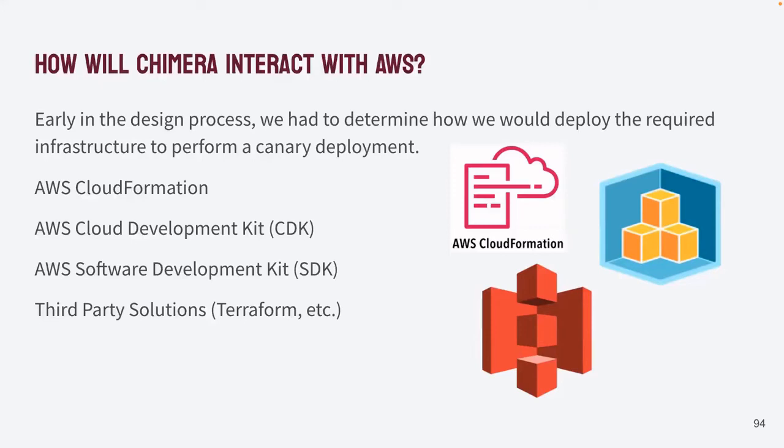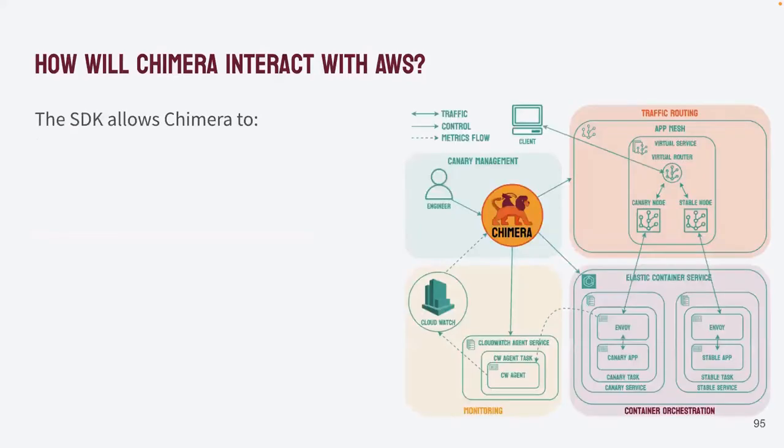The CDK can then be used to synthesize and deploy CloudFormation templates. The Software Development Kit, on the other hand, is a bit more conventional. It's a library provided by AWS that allows you to interact with AWS resources directly in your code using a familiar programming language. So we chose to use the Software Development Kit, and there were three main reasons for this.